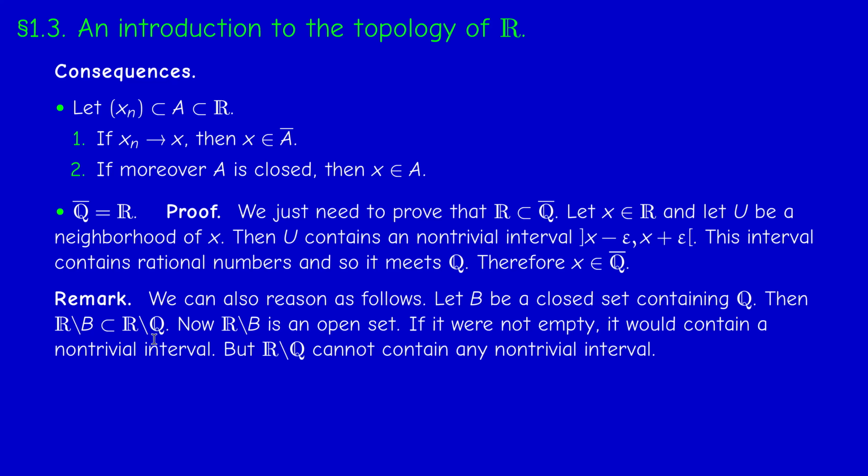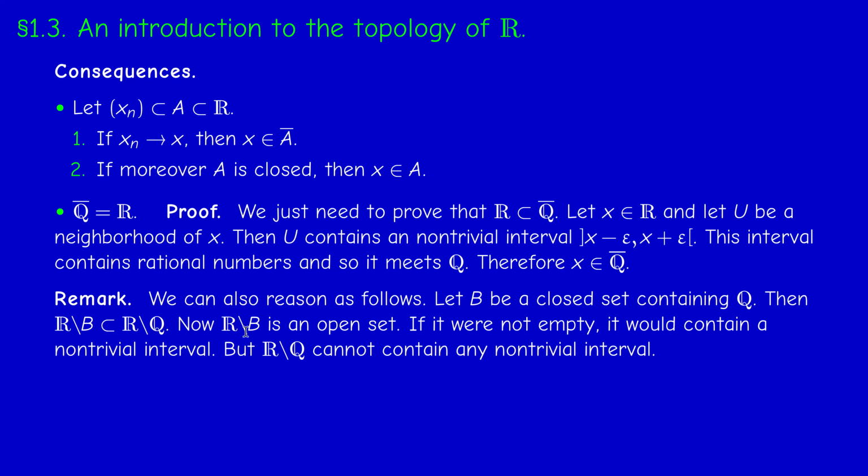It could be empty, but could it be not empty? Well, if it were not empty, it would contain a non-trivial interval. But no non-trivial interval is totally contained in the irrational numbers, because every non-trivial interval contains rational numbers. So we have to conclude that R without B, which is an open set, must be empty.